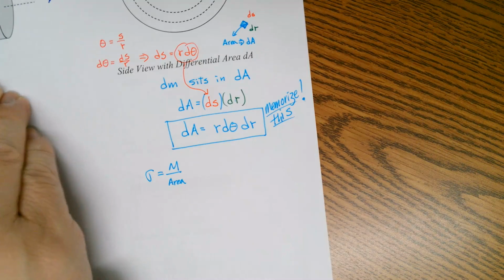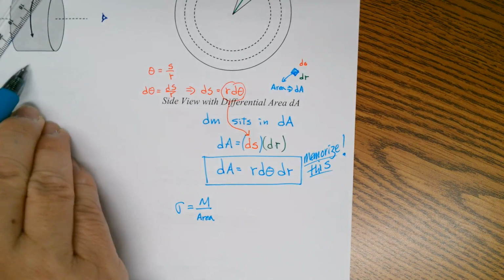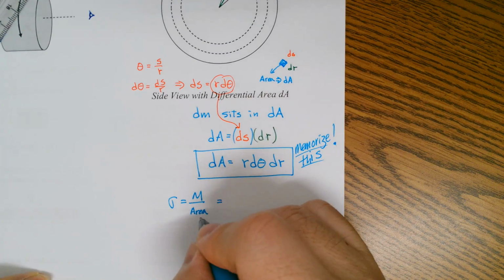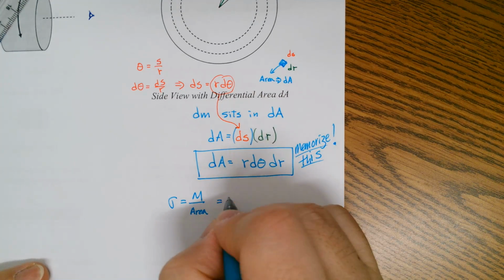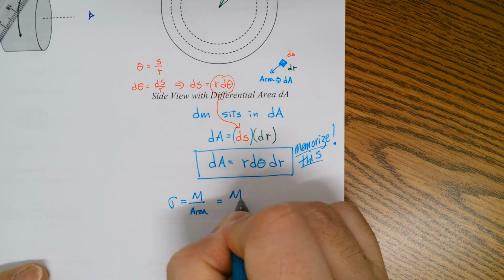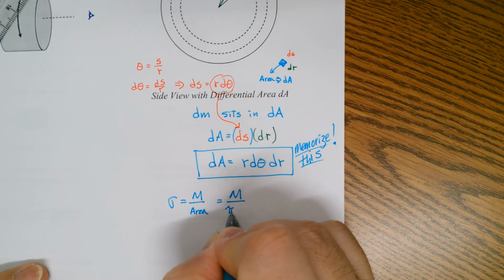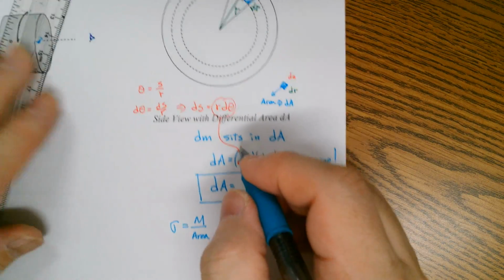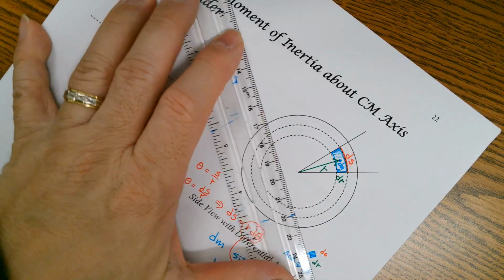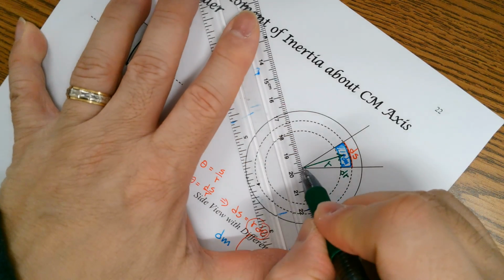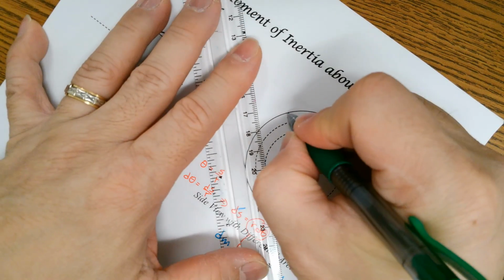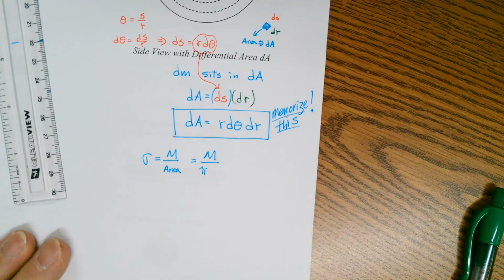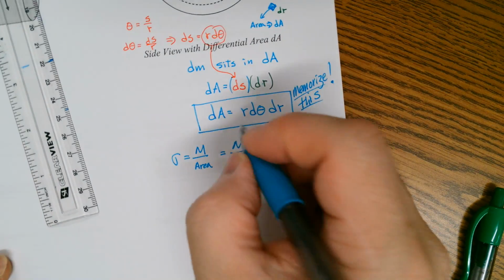The rest of it has to do with symmetry, so you don't have to worry about it. So the total mass over the area is equal to the total mass divided by pi r squared. We'll consider this r as the total radius.